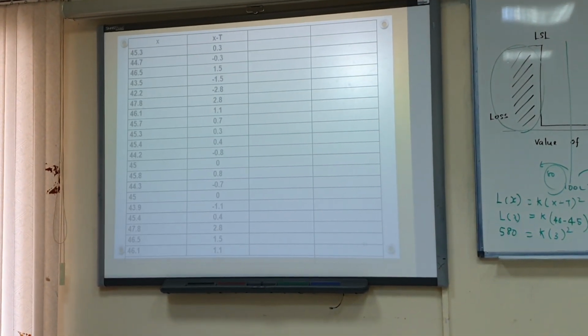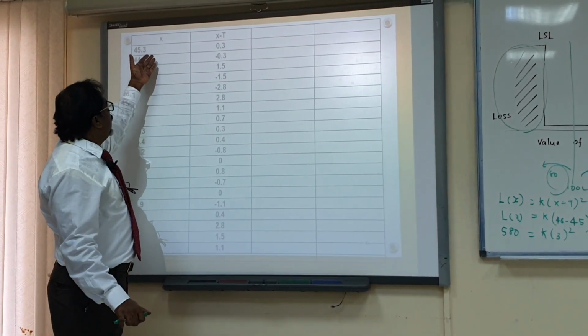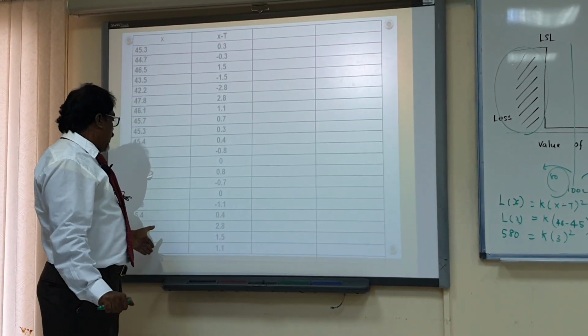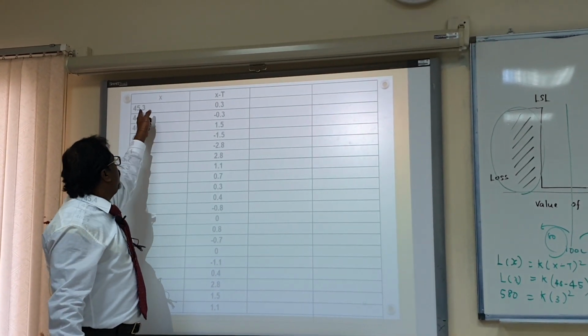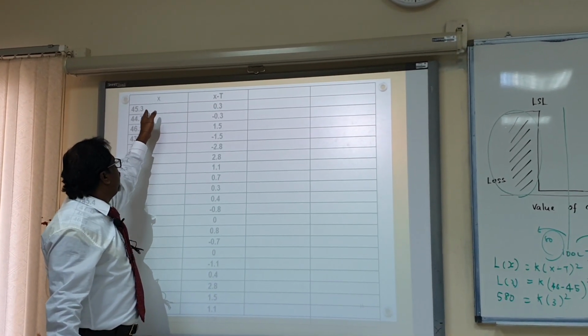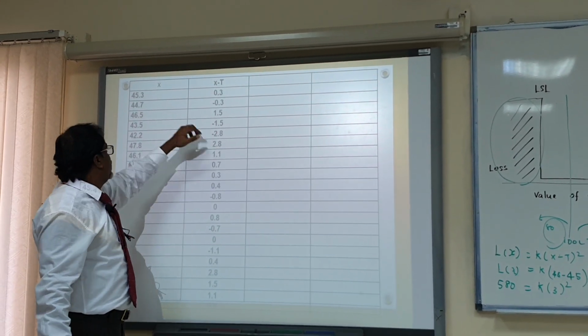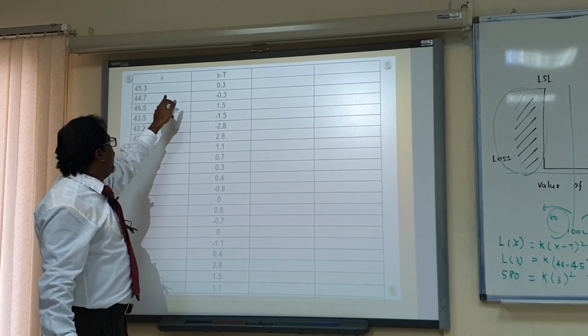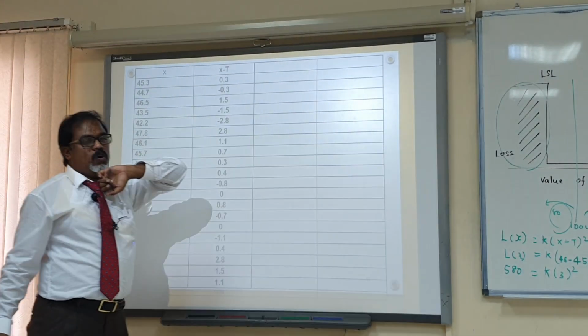You see here, I am going to calculate the second column, x minus t. X is the given value. X minus t: 45.3 minus 45 is 0.3, and 44.7 minus 45 is minus 0.3.